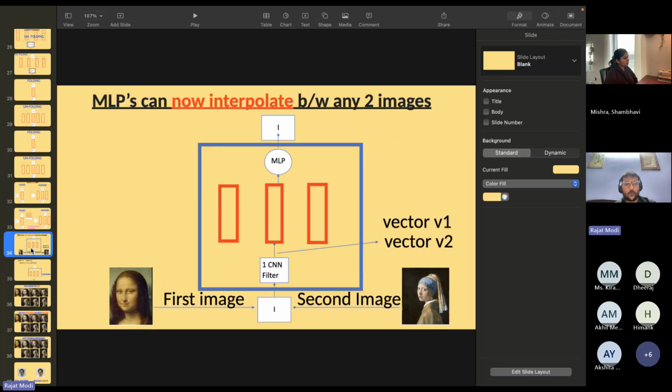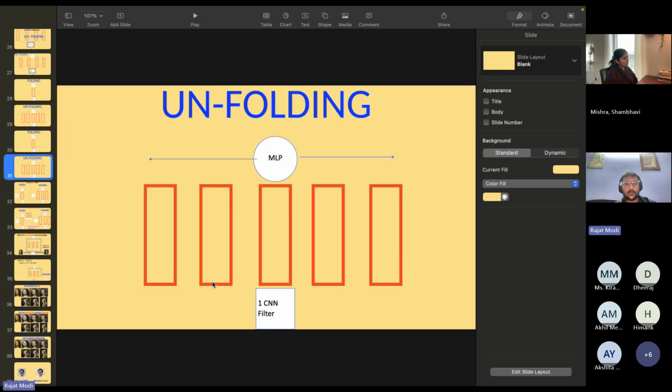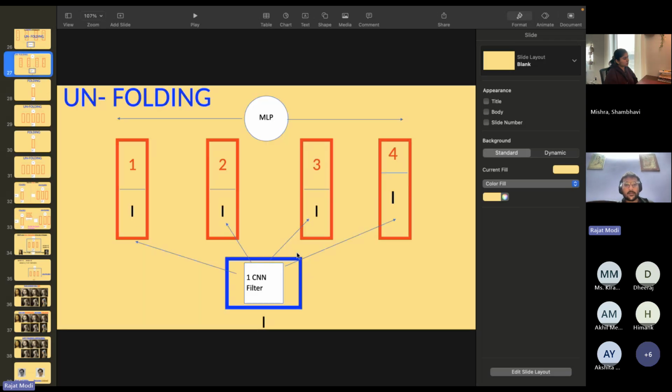When we are unfolding, copying this CNN filter's contents, we are actually creating information, but it's not created out of nowhere because the filter is shared across the columns, and this 1, 2, 3, 4 are hard coded integers. So the CNN filter receives gradients from all the locations, which does not yield any loss.